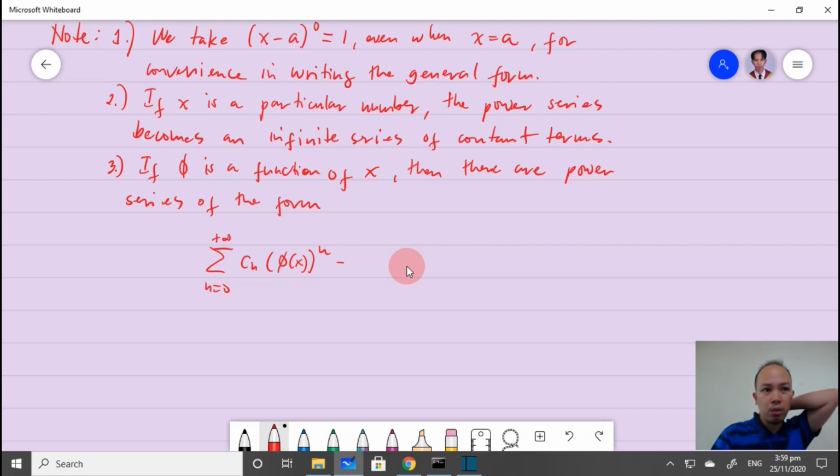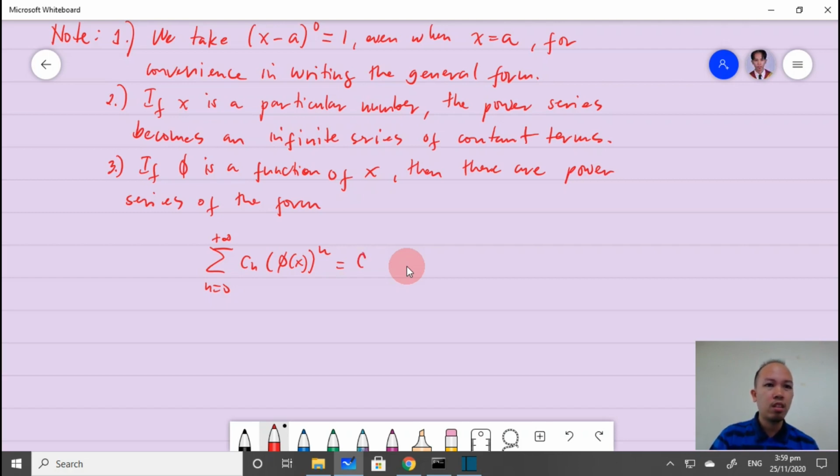If you replace the x in the definition above, we can write it in this form. This phi is a function, so you can put a linear function, a quadratic function, a cubic, and so on. So this is more general than the definition of the power series.